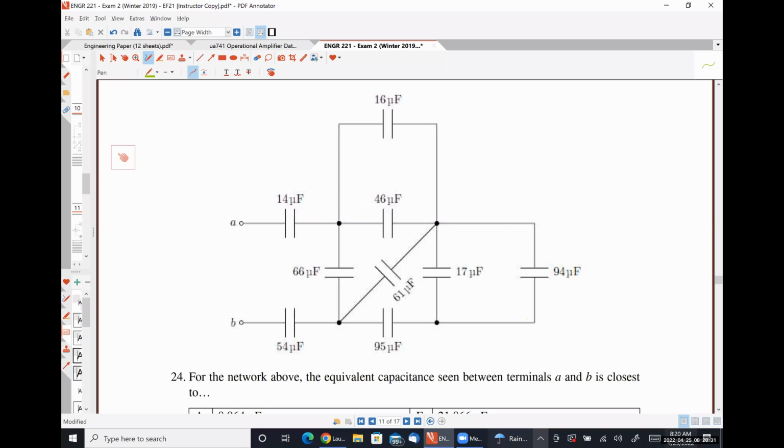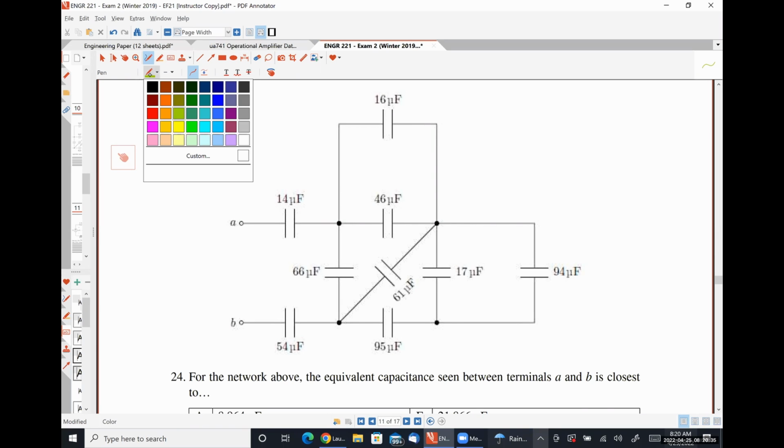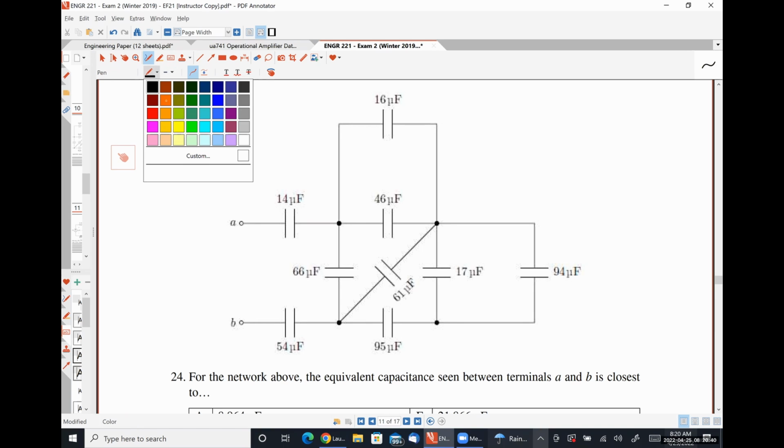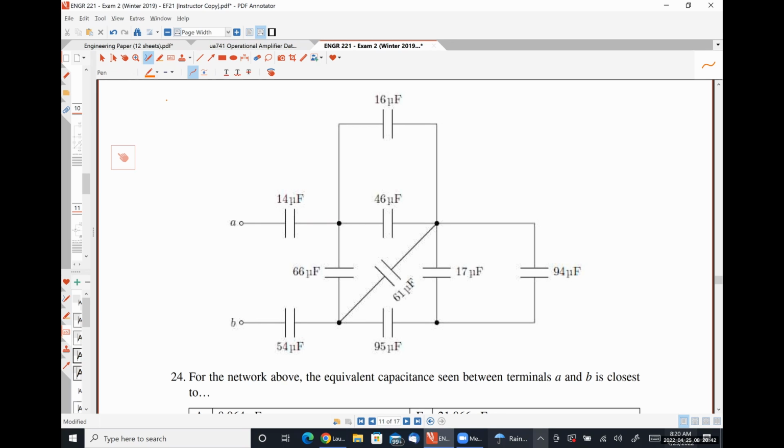Okay, so this is a capacitor combination problem. So the first thing that I'm going to do is identify nodes.